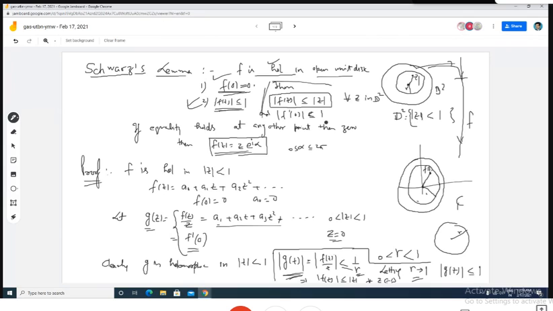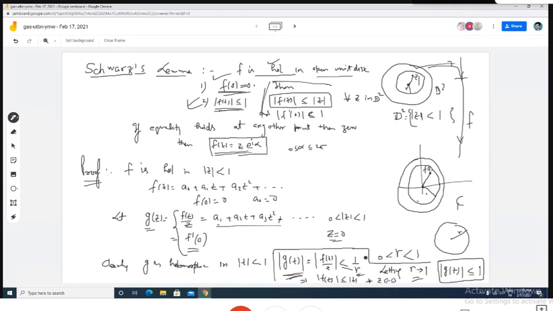Is it okay to everybody? Is there any problem here? We proved that modulus of g(z) is less than or equal to 1, and modulus of g(z) is nothing but modulus of f(z) upon z if modulus of z lies between 0 and 1, and for z equal to 0 this is equal to f'(0).